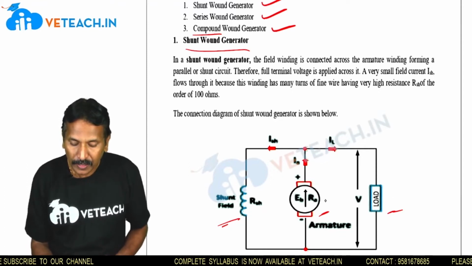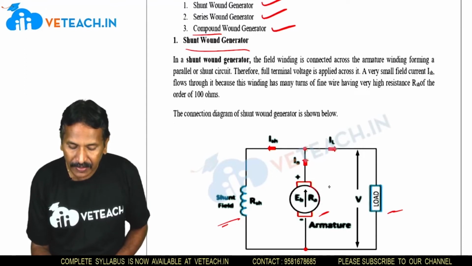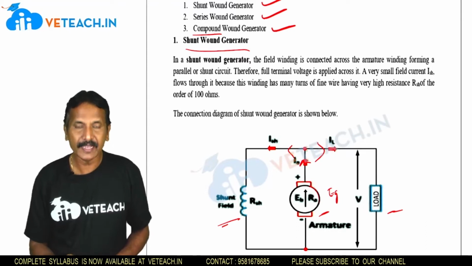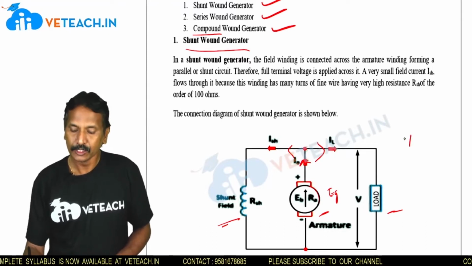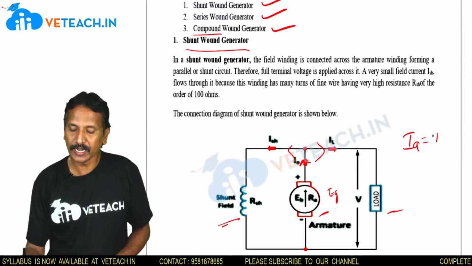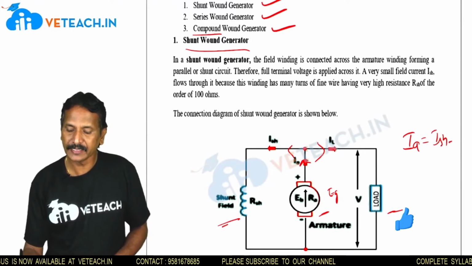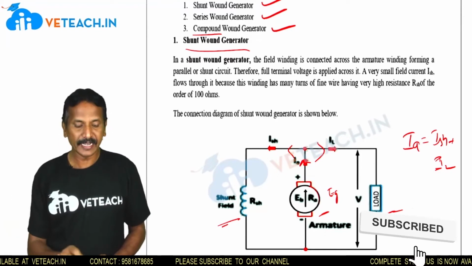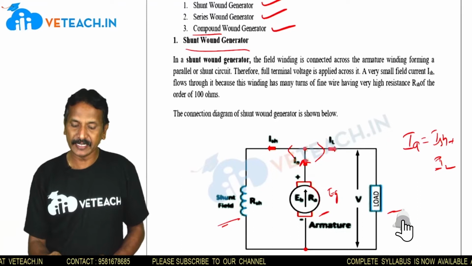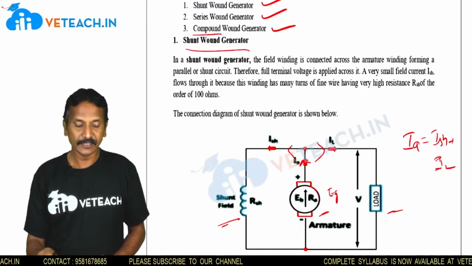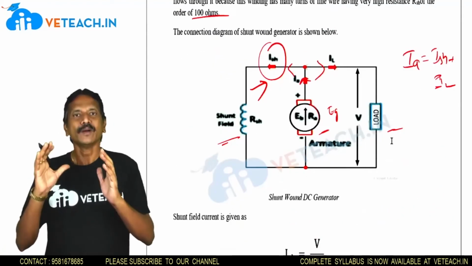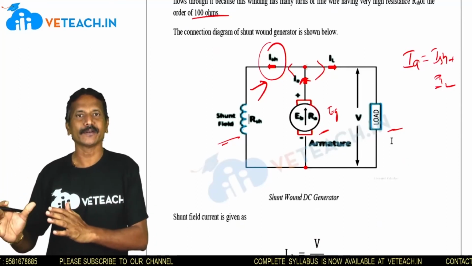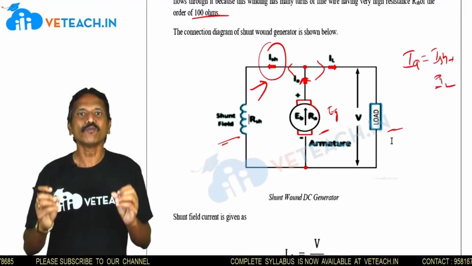From EG, the armature current splits into two currents, the field current and the load current. A very small field current ISH flows through it because the winding has many turns and its resistance is very high. So the armature winding in parallel with the shunt field winding across the load is nothing but a shunt wound generator.